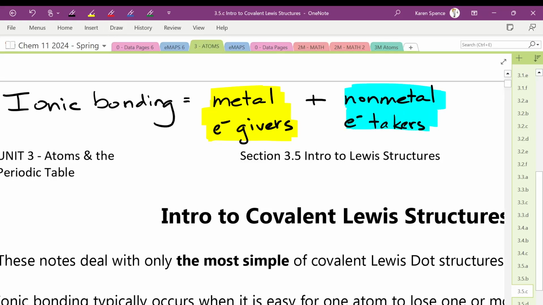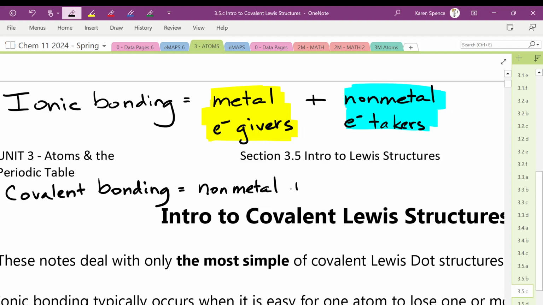But now we're going to have covalent bonding. And in covalent bonding, you have a what plus a what? Non-metal plus a non-metal.